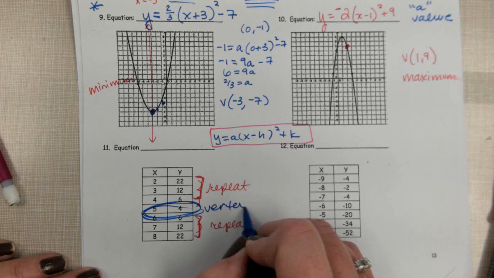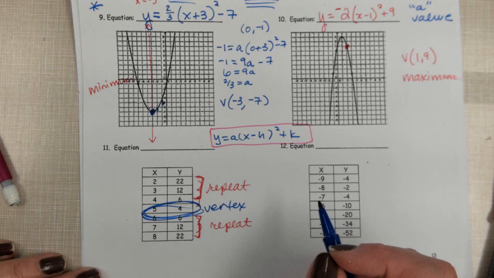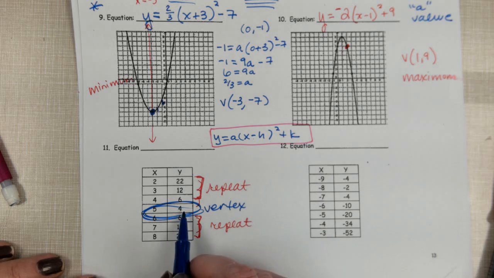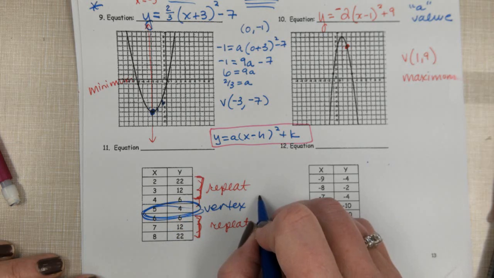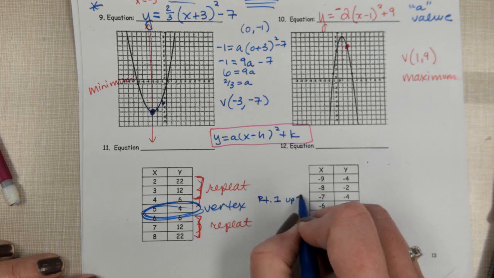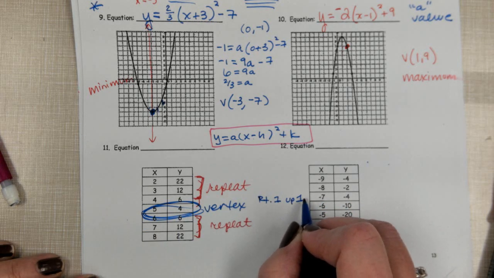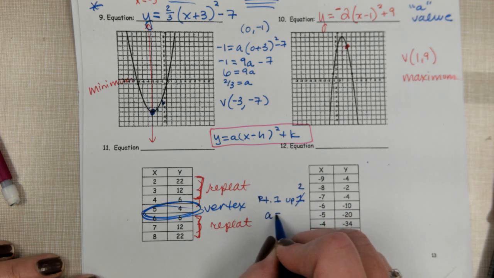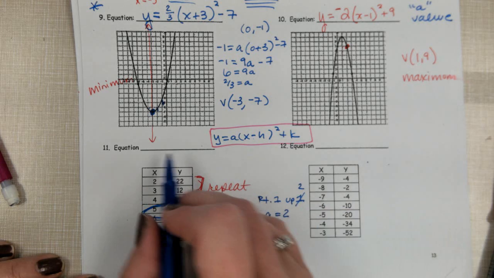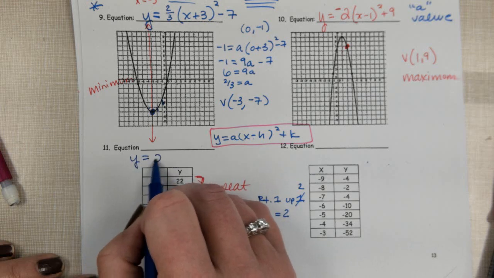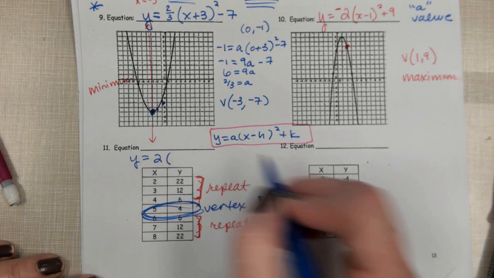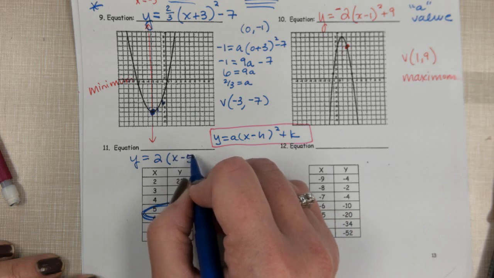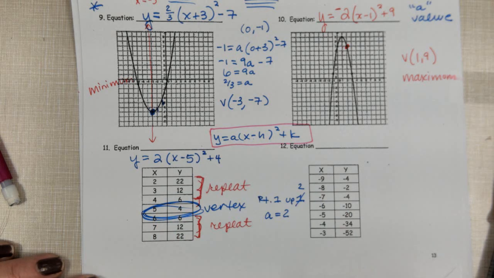So that tells me that's the vertex. Now, if it's the vertex, then the next point should be up or down 1, and it's up or down 2. Because it should go right 1, up 1, but it doesn't go up 1, it goes up 2. So that tells me a is positive 2. So now when you write the equation, positive 2 goes out front: y equals 2(x minus 5) squared plus 4.